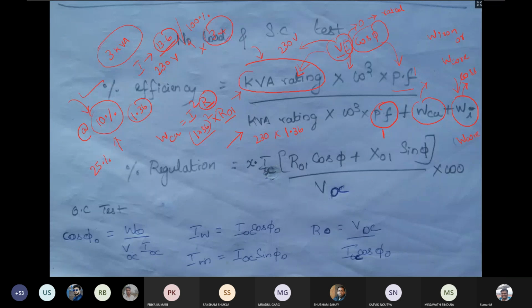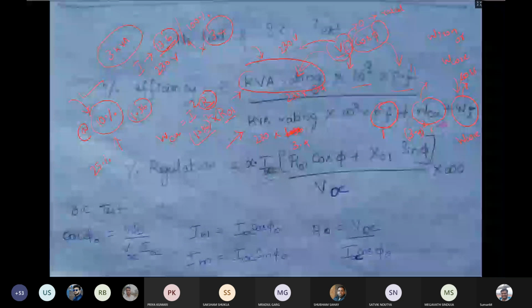So for 25% of the loading, it is coming to around 3.4. For that case, you substitute voltage as 230 into 3.4 ampere, then 10 to the power of 3, power factor is 1. Similarly, in the denominator you substitute 3.4 ampere, and for copper loss you write 3.4 the whole square into R01.